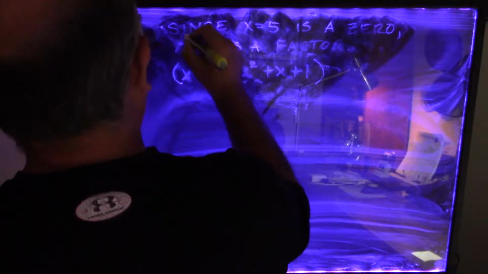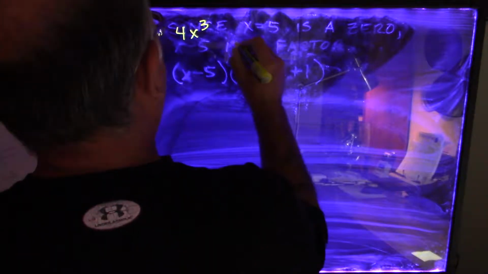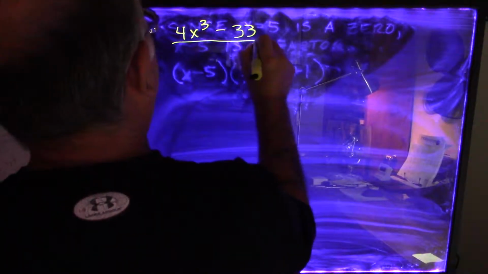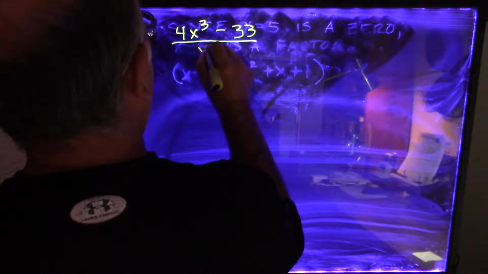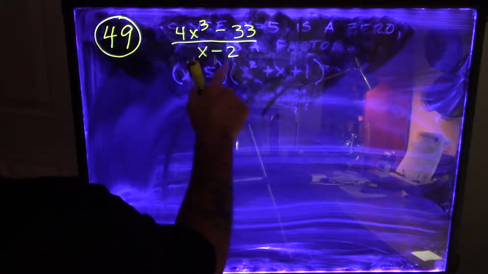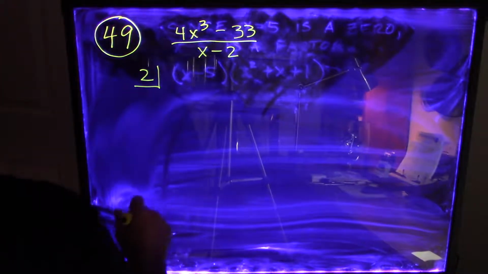Okay, number 49. For the following exercises, use synthetic division to find the quotient and remainder. So we've got 4x cubed minus 33 divided by x minus 2. So our divisor is x minus 2. Put the 2 in the upper left corner.